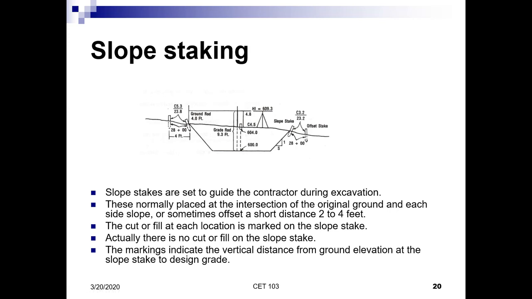The information we're about to show explains how to set a slope stake, but let me explain to you a little bit about how we would do this in the field. The example in these slides uses an auto level to determine the elevation, but we are simply trying to get the elevation of the existing ground at particular places along the roadway section.